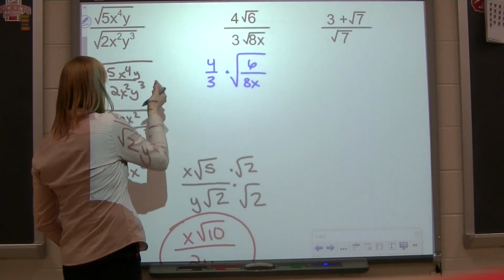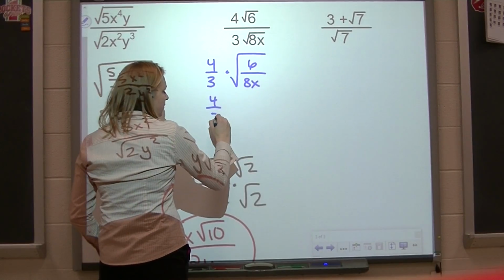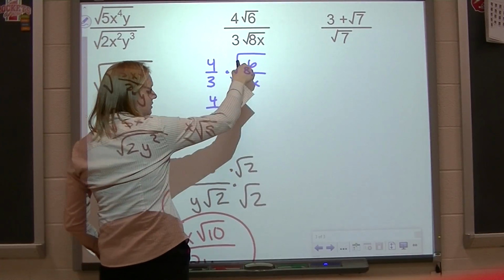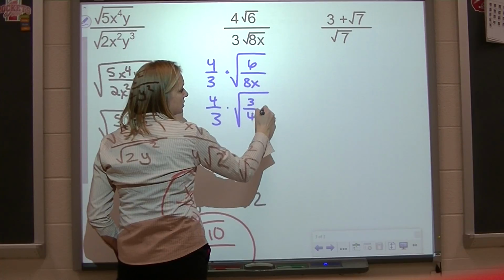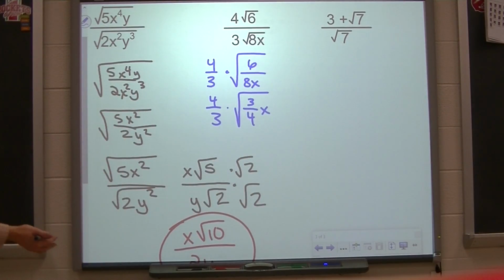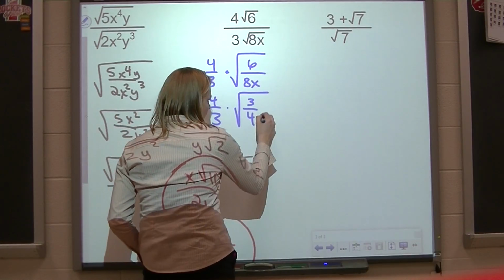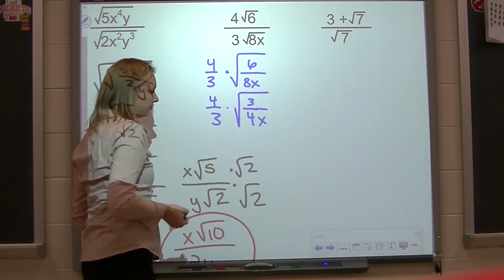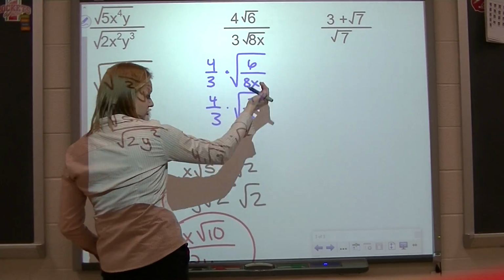Now, like we did here, we can simplify what's under the radical first. So we'll have 4/3 times, and this can actually simplify to 3 over 4x. Oh sorry, the x needs to be here with the 4. And then we can go ahead and take the square root of each piece.